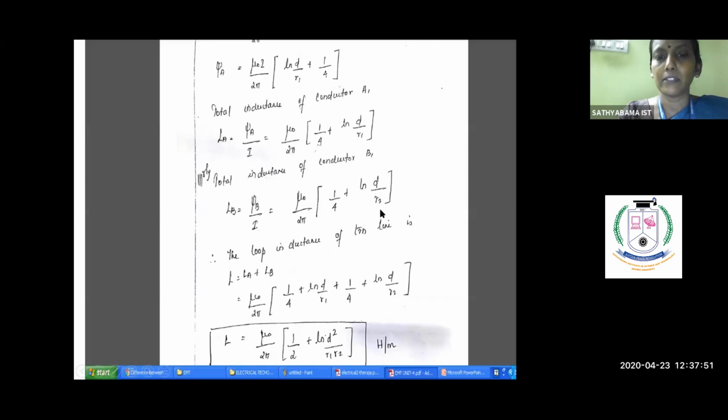If in the question they ask you to find the loop inductance of the transmission line, L is nothing but LA plus LB. Adding both terms, you end up with mu naught by 2 pi times 1 by 2 plus ln d square by r1 r2. This derivation is very, very important. Go through the derivation.